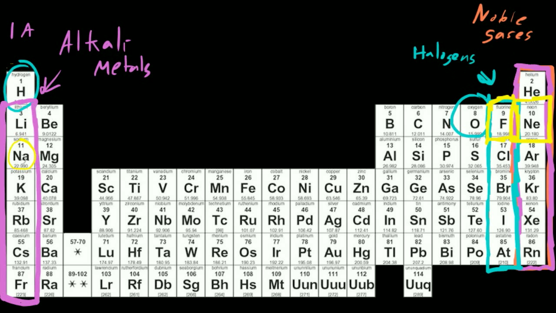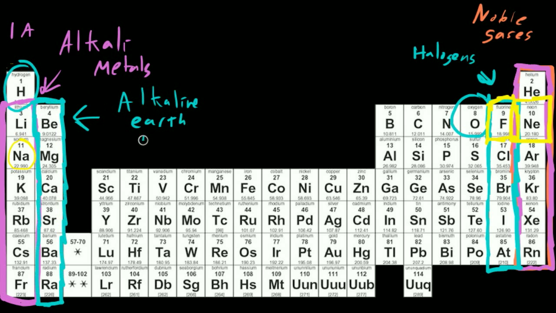They're incredibly reactive metals. The next group, which is right next to the alkali metals, starts with beryllium and goes down to radium, and these are called the alkaline earth metals. And again, these metals are also incredibly reactive.